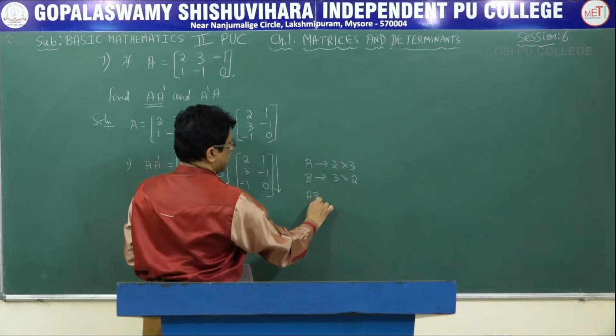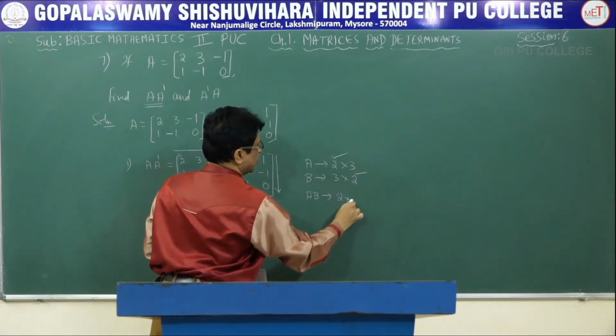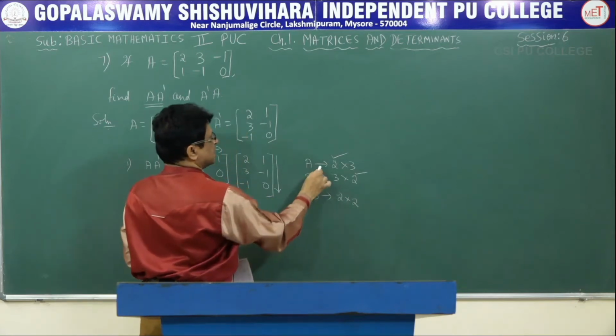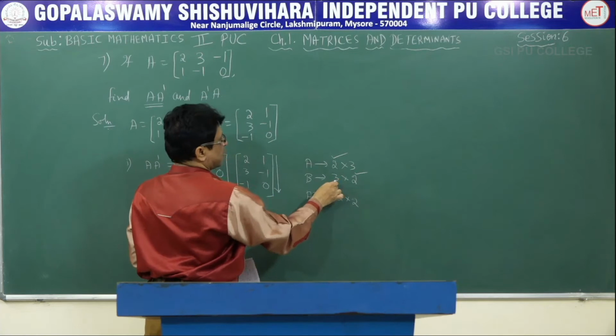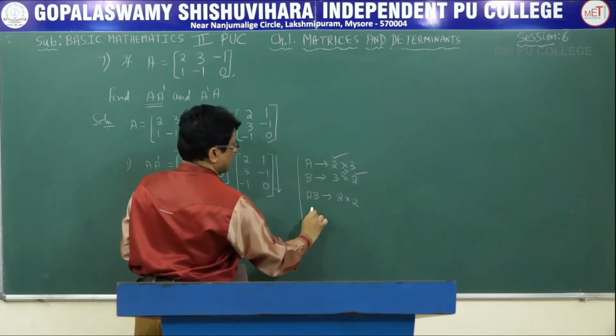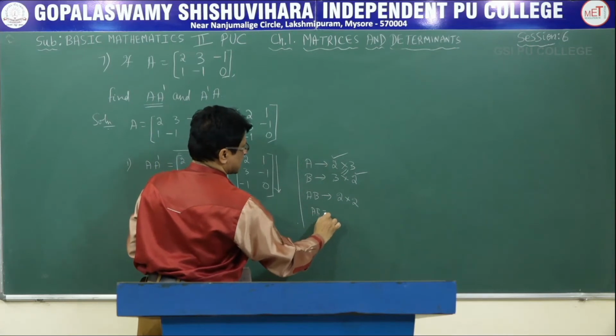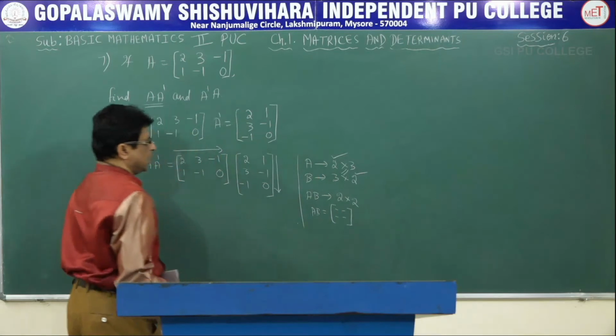Now the AB matrix will be of the order 2 into 2 because the number of columns in A is equal to the number of rows in B, that is these two are equal. So the AB matrix has 2 rows and 2 columns.